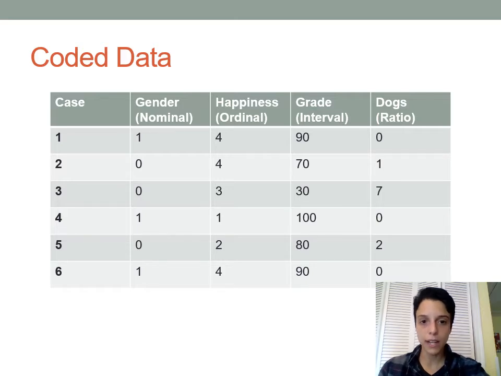For case number 3 there, we have a gender of female. We are somewhat happy, I believe, on the happiness scale. I should really remember what I just said on the last slide, but I absolutely don't. So we have a 3 on the happiness scale. We got a 30 on our test, but we own 7 dogs, so we're in business. And so that's what data looks like when it's coded.